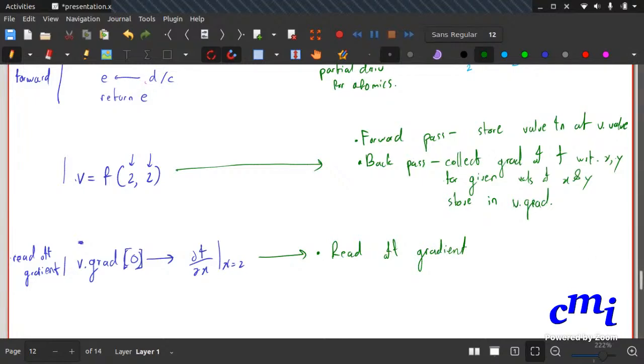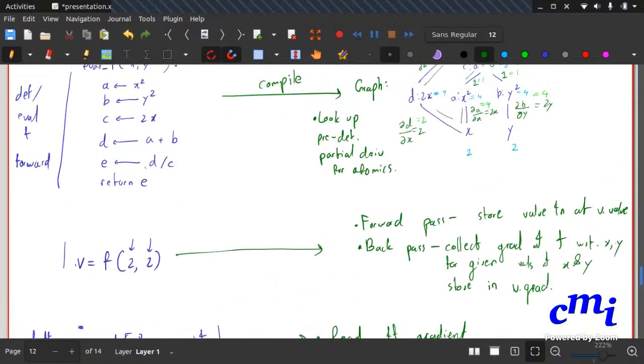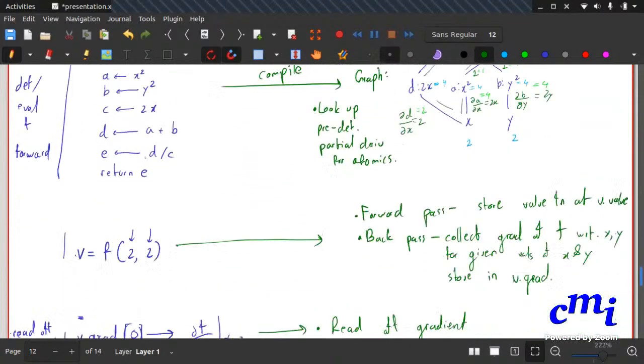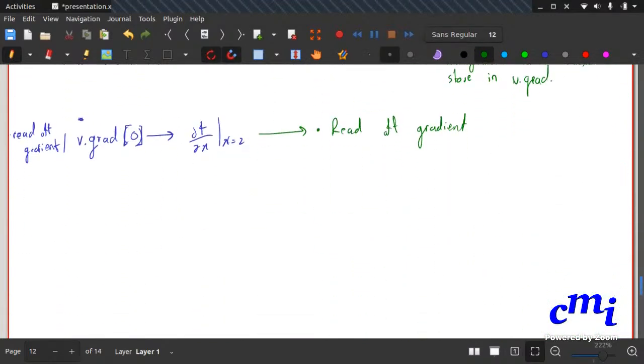Okay. So this is basically what the autograd algorithm is. And as I said, the main benefits are twofold. One is generality. It does not really depend on the complexity of the function.